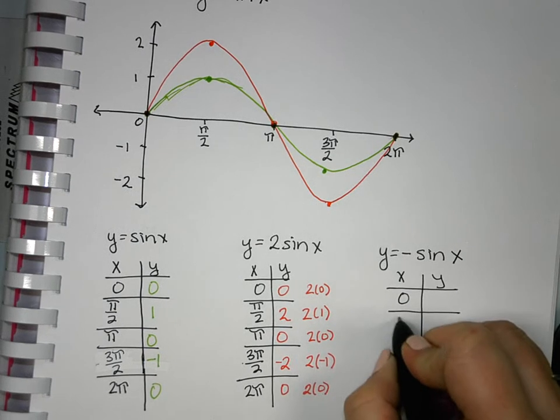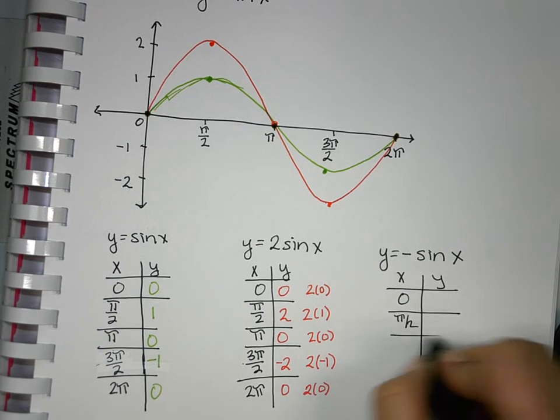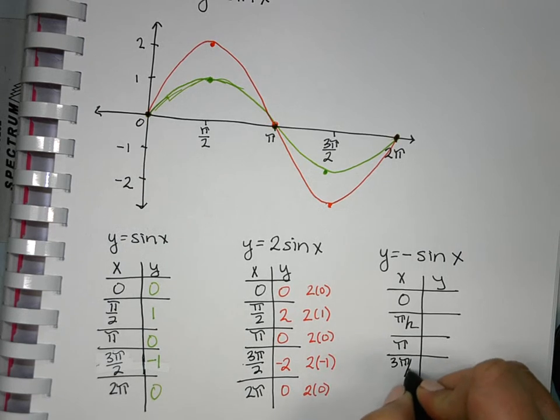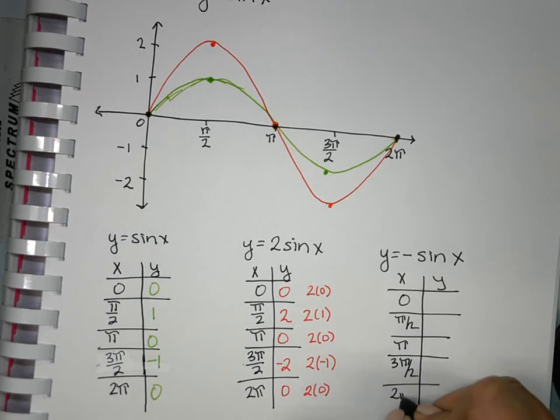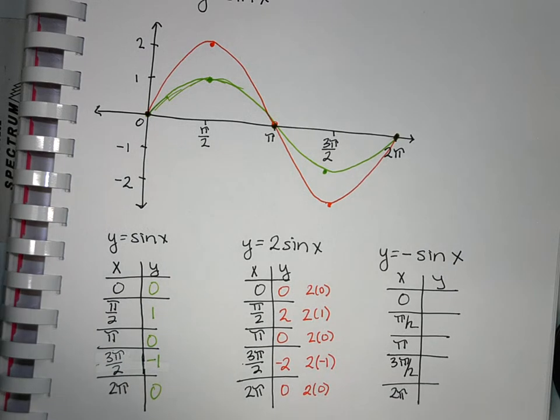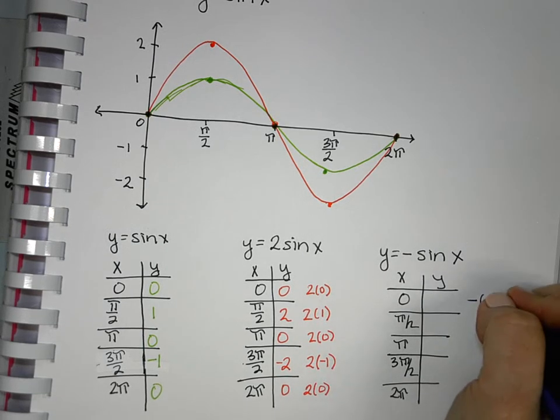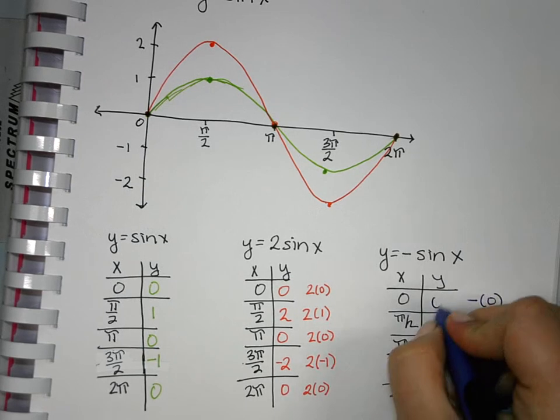So I'm again using the same key points, and just going to put a negative in front of them. This one I'm going to do in purple. Sine of 0 is 0, so -0 is still just 0.